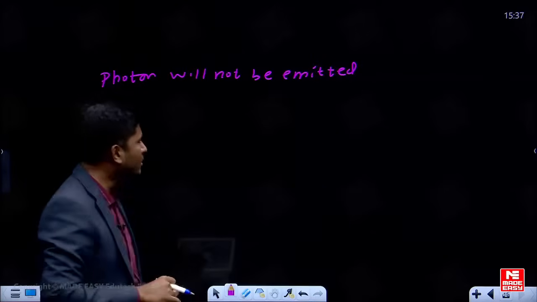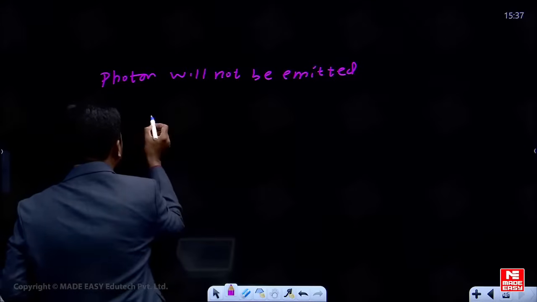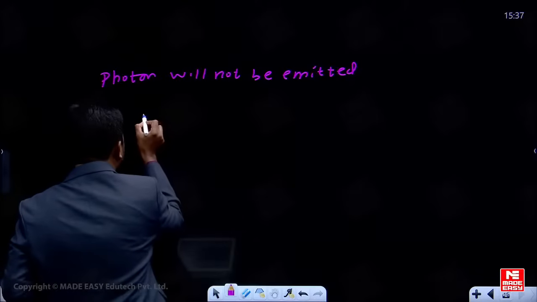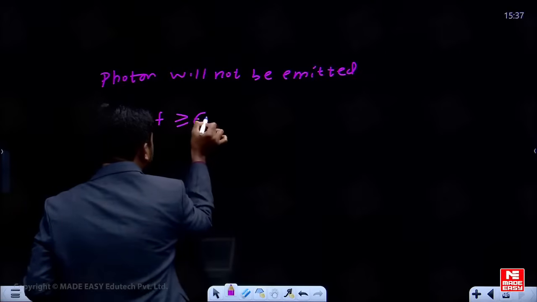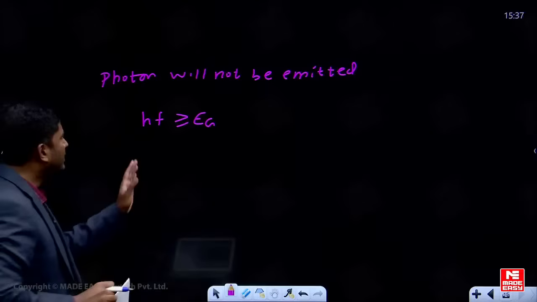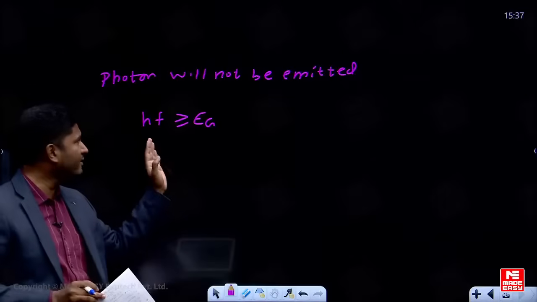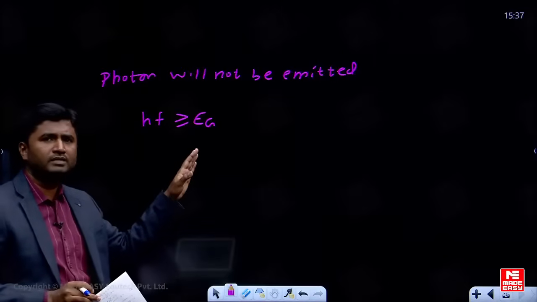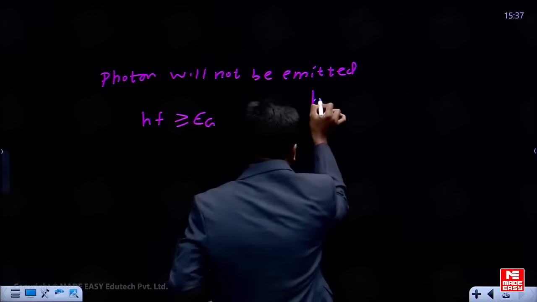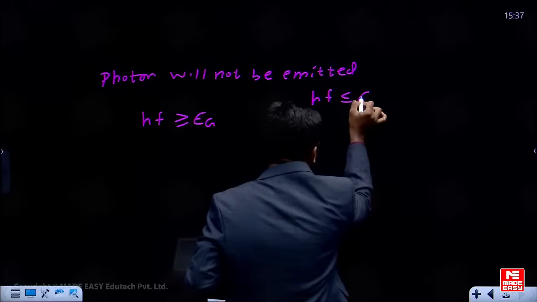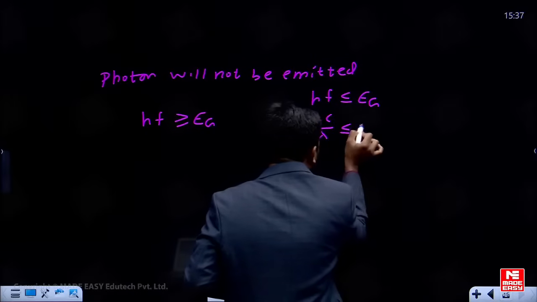Remember in semiconductors, normally in LEDs, whatever photons are emitted, their energy will be greater than or equal to the energy gap. That is the condition for emitted photons. If we have to write the condition for not emitted, then it will become h f less than or equal to Eg, or hc by lambda less than or equal to Eg.